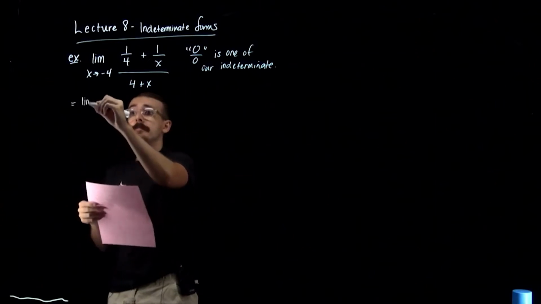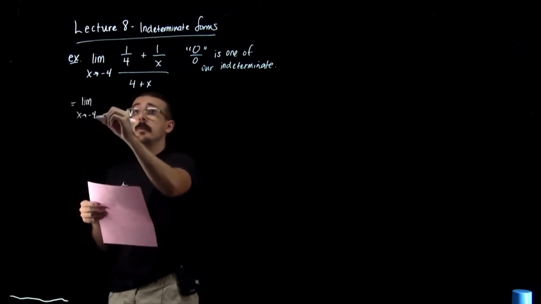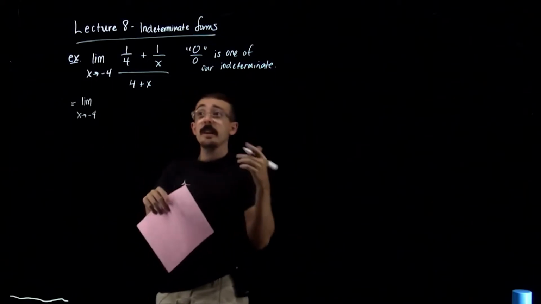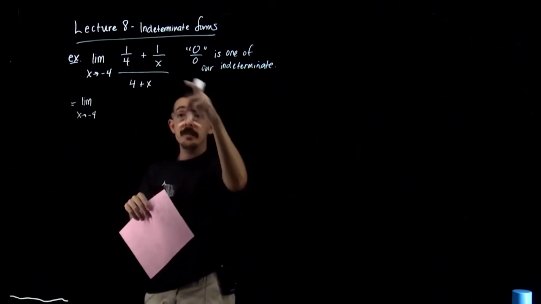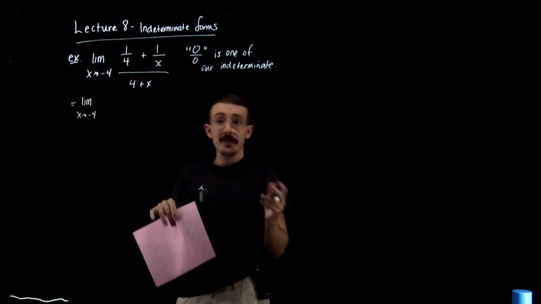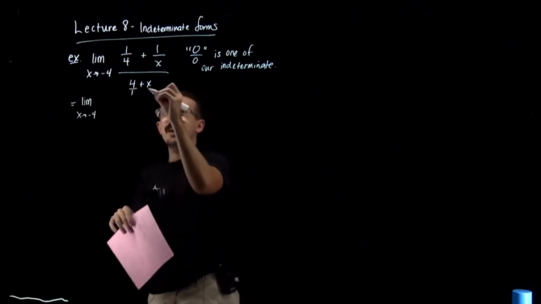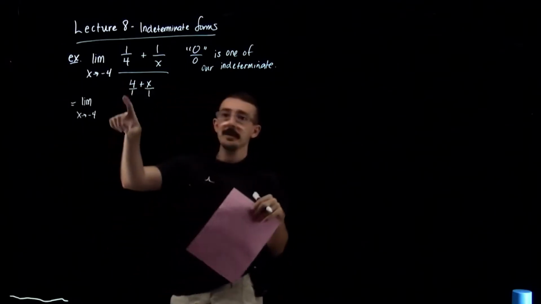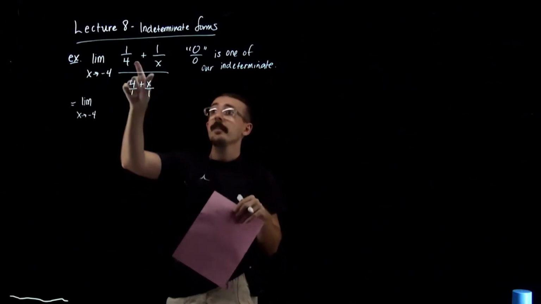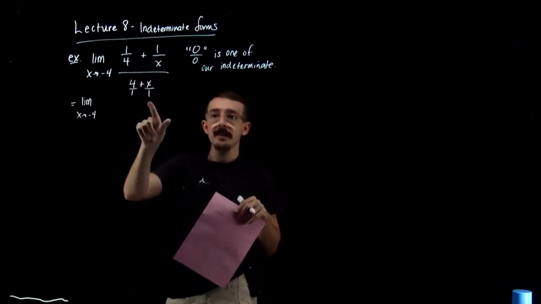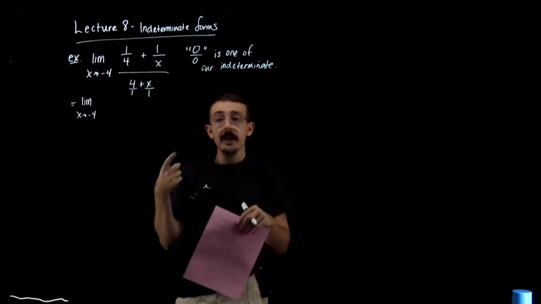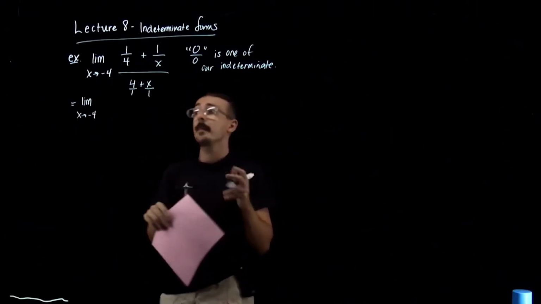So the limit as x goes to -4 of this expression, one thing I could do is I could multiply the top and the bottom by the least common denominator of all the fractions. So if I were to pretend for a moment that 4 was over 1 and x was over 1, if you look at all 4 of these denominators, you would require a 4 and an x, and that would be your least common denominator.